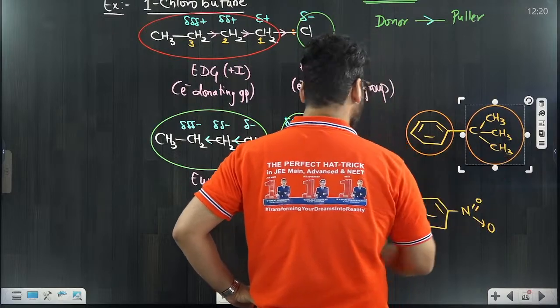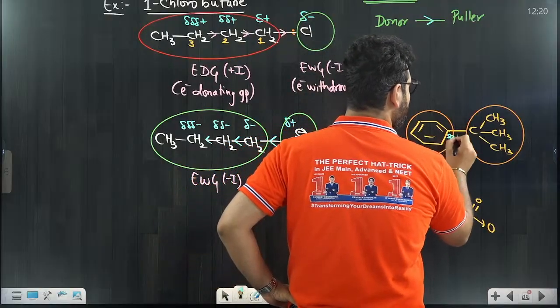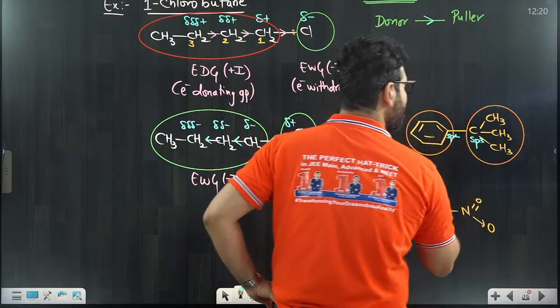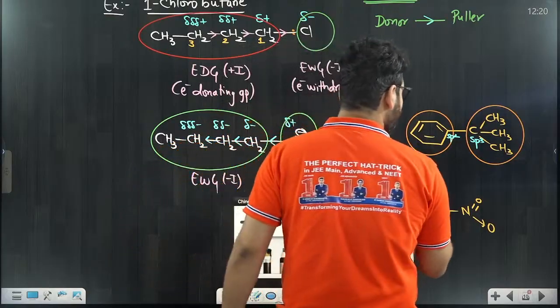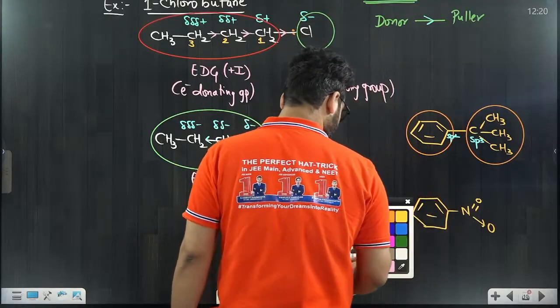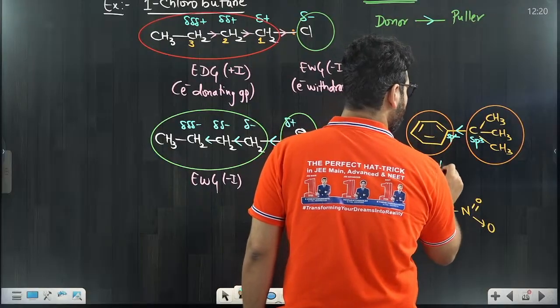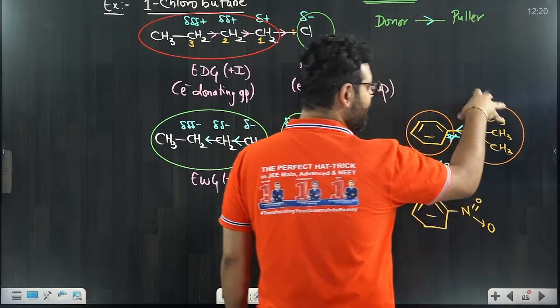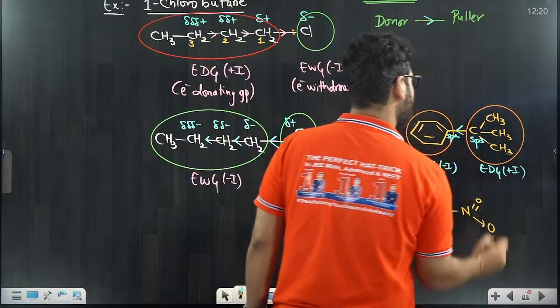We know that sp2 carbon is more electronegative. An sp2 carbon is more electronegative than an sp3 carbon. Then sp2 carbon will pull the electron towards itself. So this person is puller and this person is donor. So here this is EWG, electron withdrawing group, minus I. So the alkyl chain becomes electron donating group, plus I.